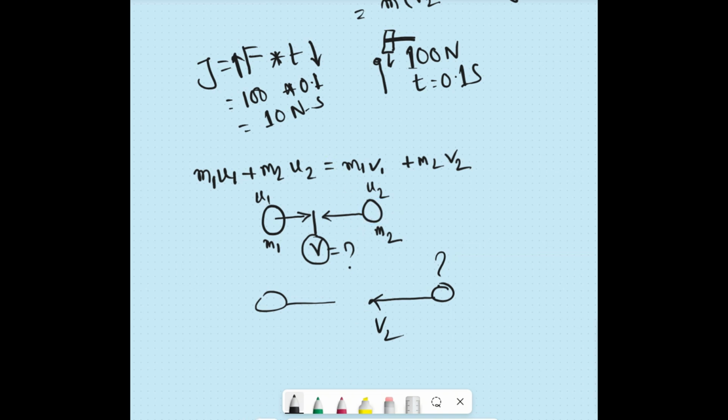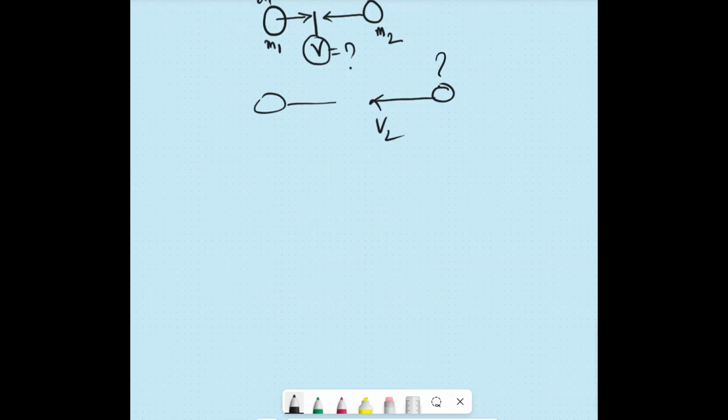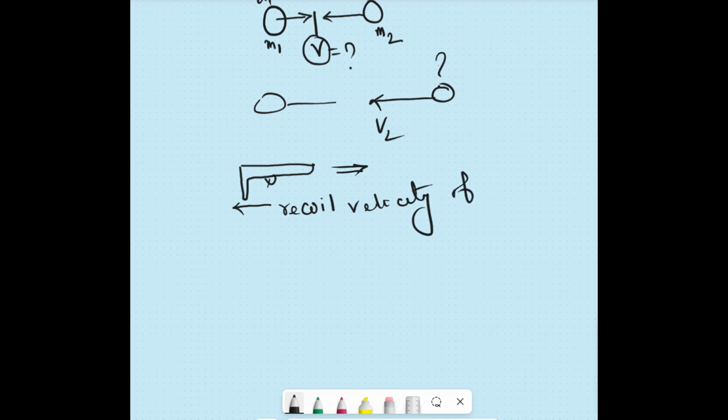Anyways, we have to learn these types of math as well. It is very important for us. By using the law of conservation, we can find out the value of, say, there is a gun. If you fire a bullet, you can calculate the recoil velocity of the gun, right?